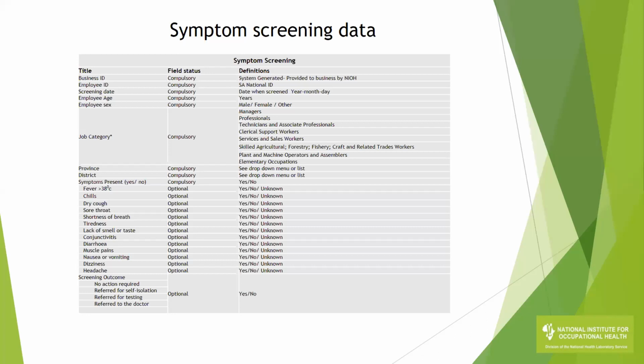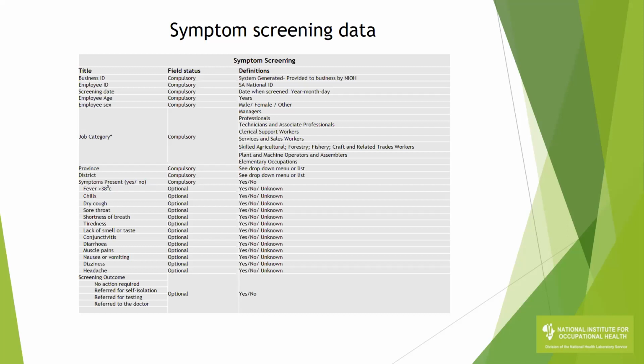So this is the type of data that is collected across all three platforms. We need the business ID, which is generated by our system upon registration. It's a unique 36-character business ID that we send to you to identify your businesses. That's the one we require every time you fill in your symptom screening case or log your case. So you need to make sure that your business ID is there. It's a compulsory field.